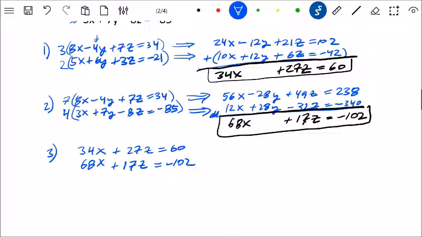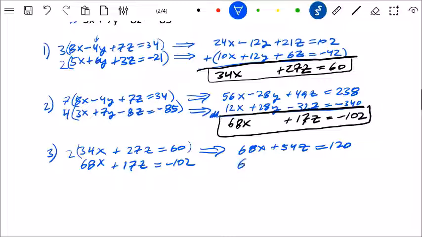So 34 and 68. Oh, well, now actually that one's easy because if I multiply this by 2, I'll get a 68 for that. And then the 27 and the 60 will also get multiplied by 2, but this one's key here because I only have changed one. And so that gives me 68x plus 54z equals 120.